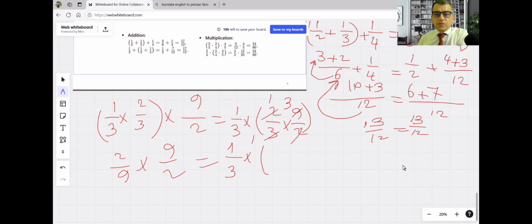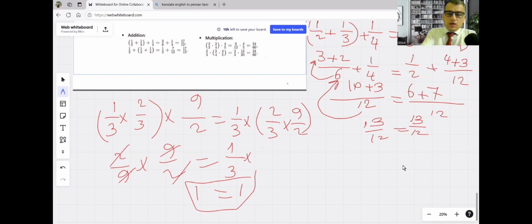The 2s we can cancel. So the right side is 1, and on the left side, you can cancel 9 by 9 and 2 by 2. This side is also equal to 1.